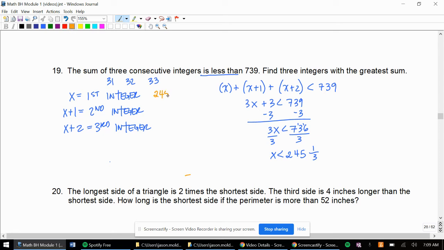So 245 would work for x, which would make x plus 1 246 and x plus 2 247. So we would need to pick the numbers that satisfy this. Okay, we'll write our sentence. Therefore, 245, 246, and 247 are the three integers.